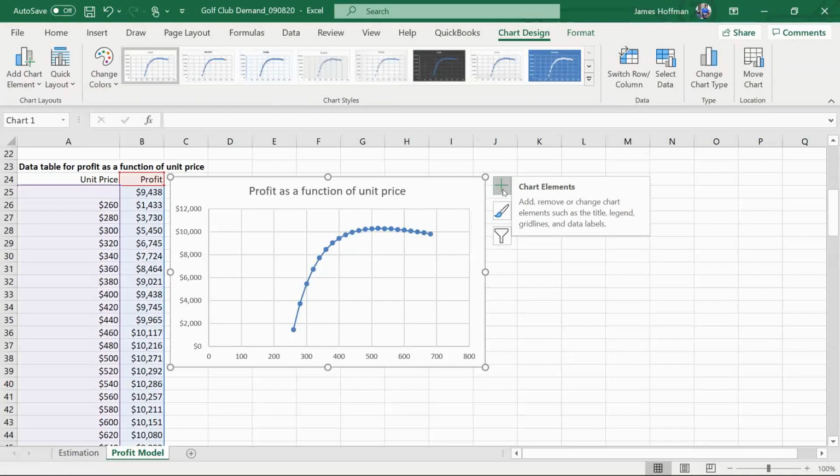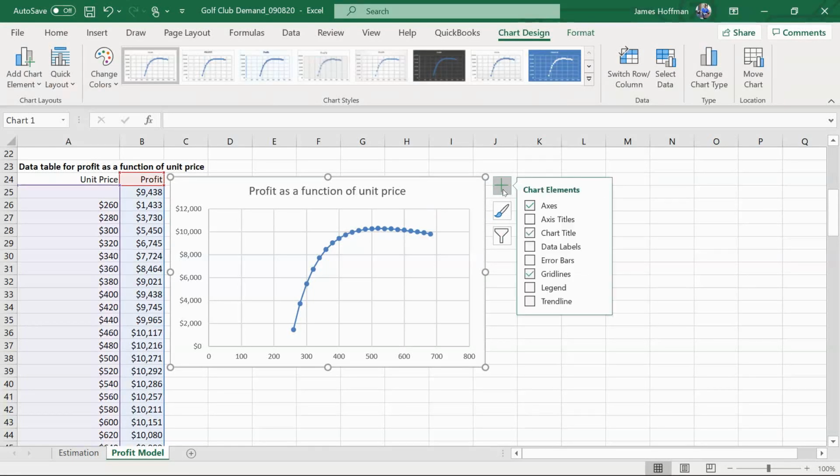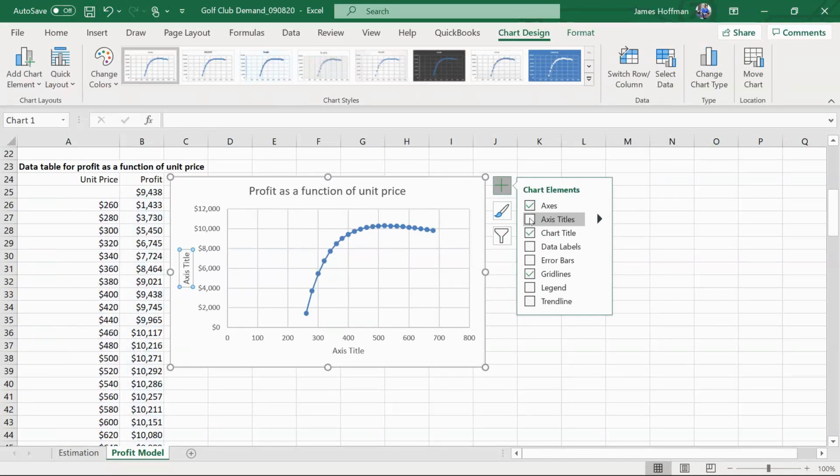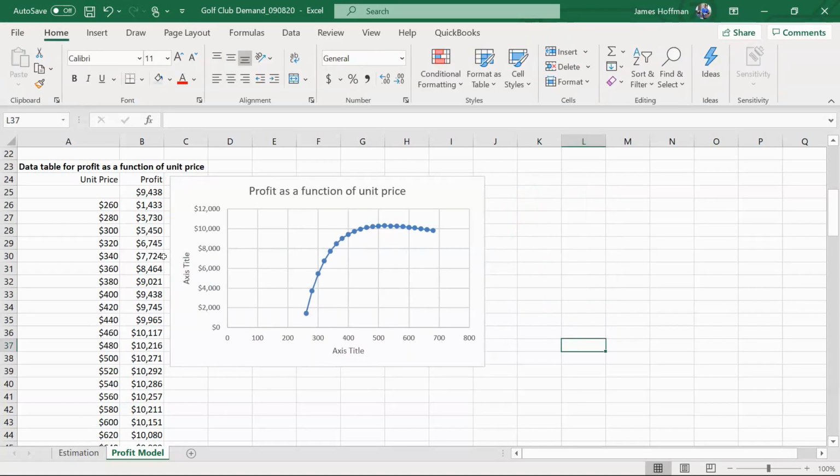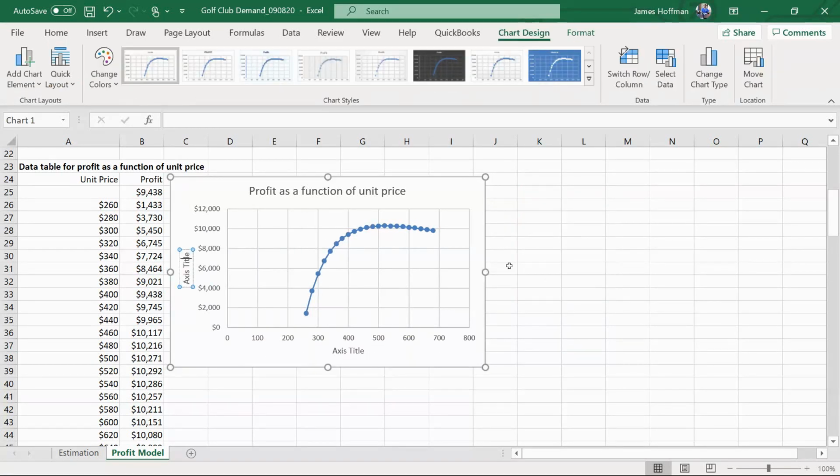So if you want to select the chart, and if you want to hit the plus sign for chart elements, and you want to choose the option for axis titles. Okay, so just manually type in your titles. This over here is profit.